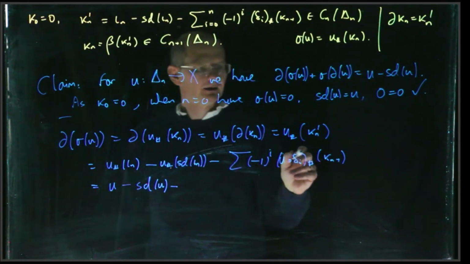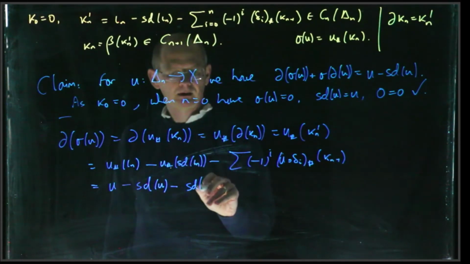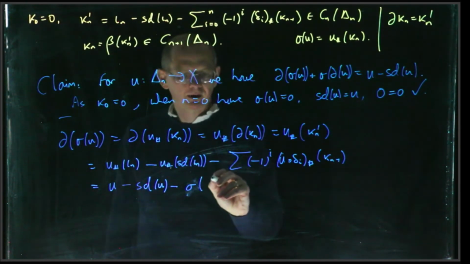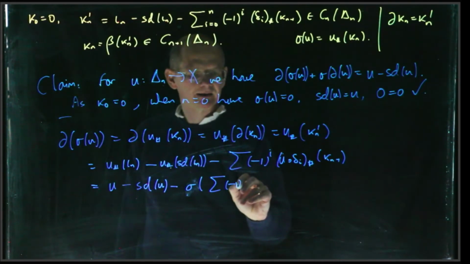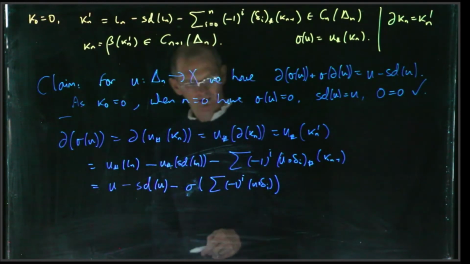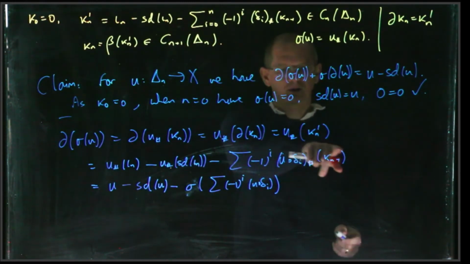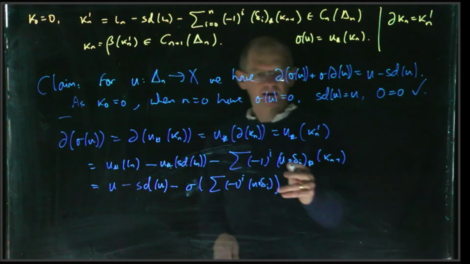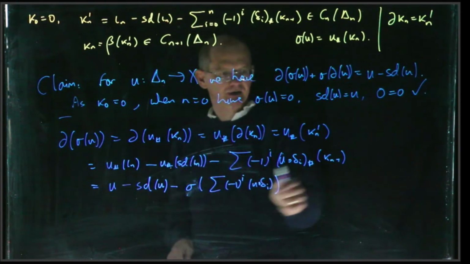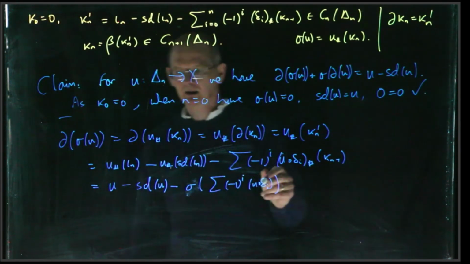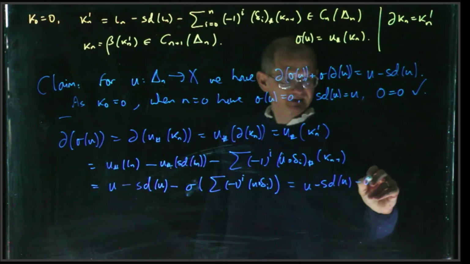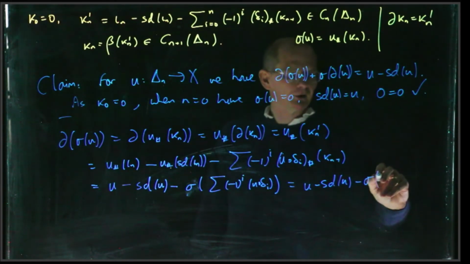Sorry, this is σ of the sum of (−1)^i u composed δ_i, because applying σ is just acting on this κ_{n−1}. So this is an (n−1)-chain, so this is just the same thing as σ of that. Okay, which is u minus sdu minus σ, and then this thing here is just the boundary of u.